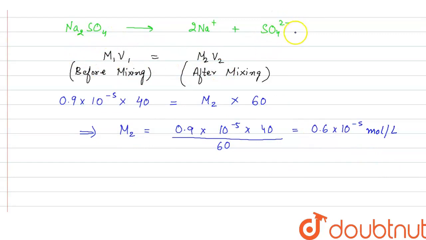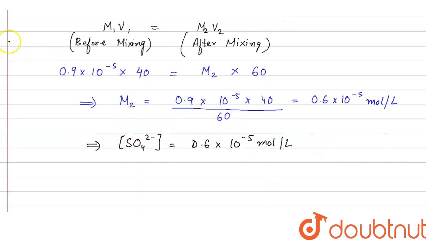So this is the molarity after mixing of sodium sulfate, right? So this will be the molarity of sulfate ions too. So from here we can say that the concentration of SO4 2 negative ions is equal to 0.6 into 10 raised to the power minus 5 mole per liter. Now we will find out the ionic product for barium sulfate.